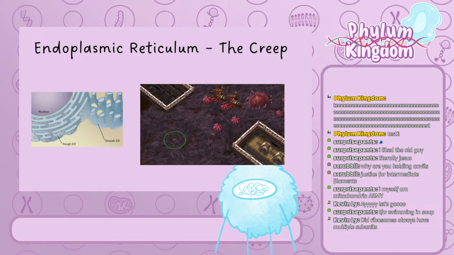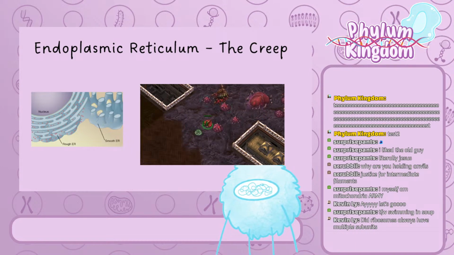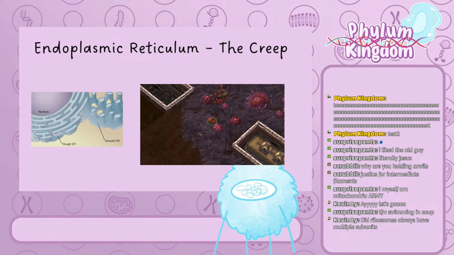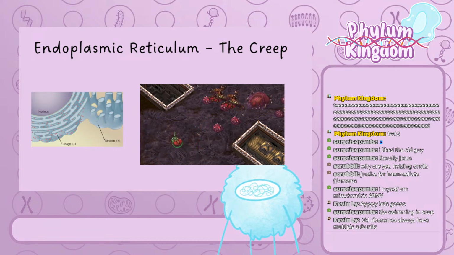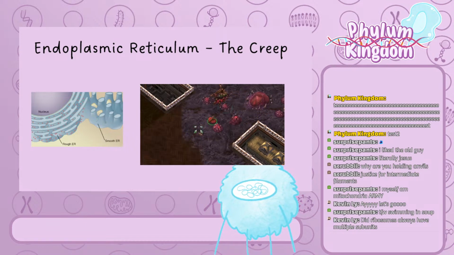So if you've played StarCraft, you're probably nodding along. If you haven't, then I'm sorry. But basically, it's this fibrous network of biological material that empowers the buildings, gives life to the buildings, supports the buildings. And the ER is kind of like that. It's big in the cell, and it makes contacts with a lot of organelles and helps those organelles do their job. And that's never something that I actually learned.